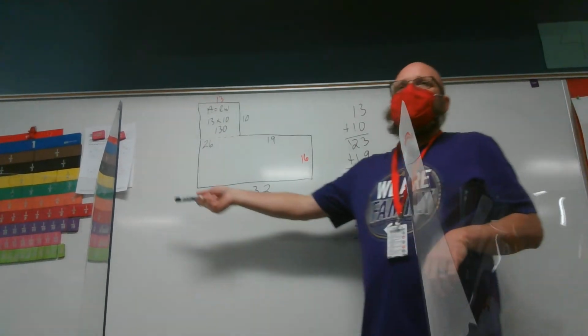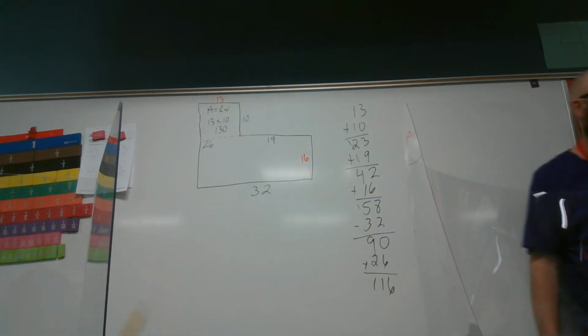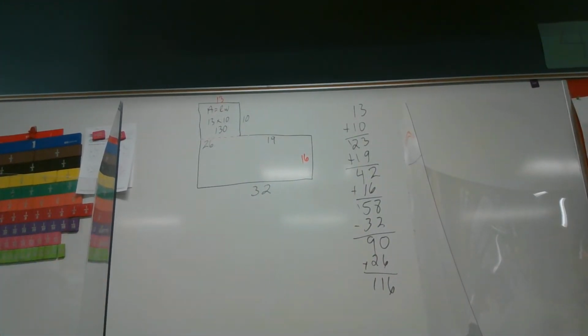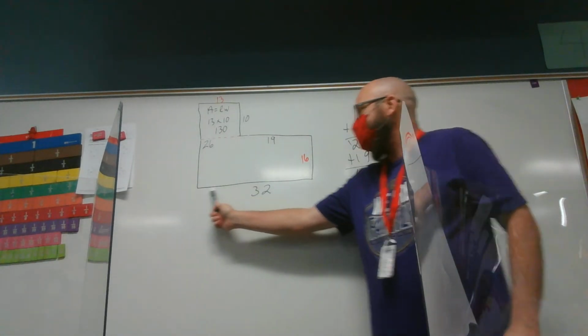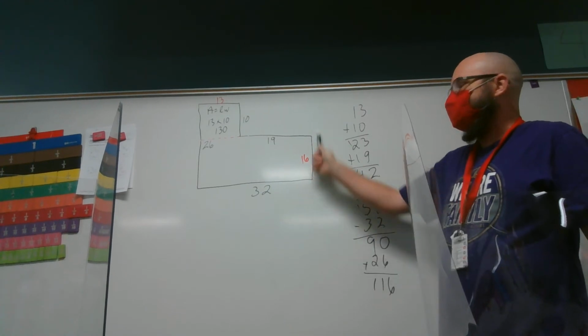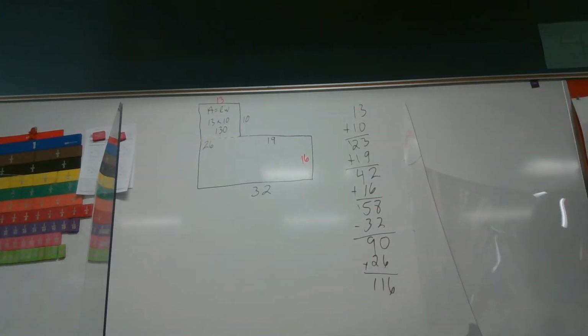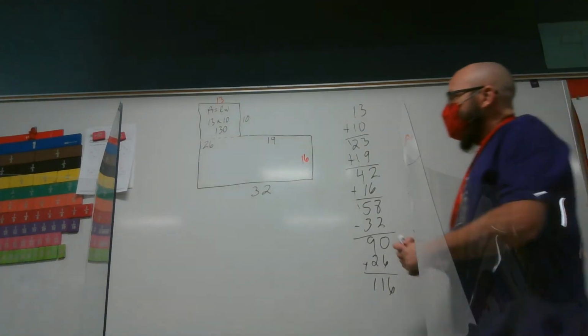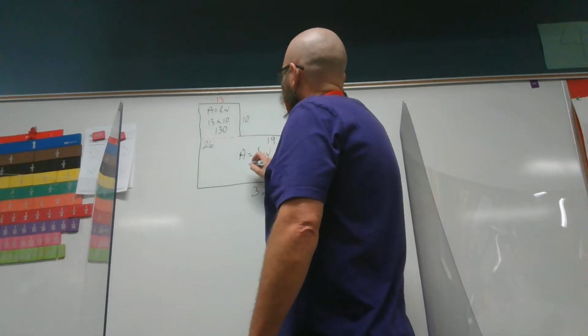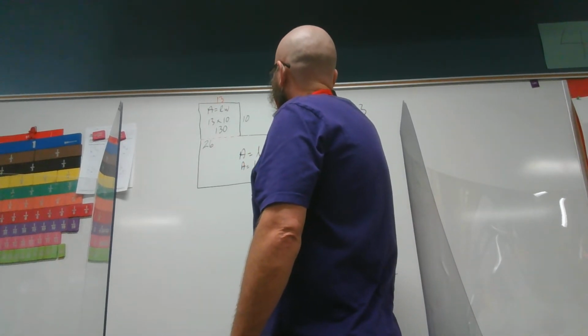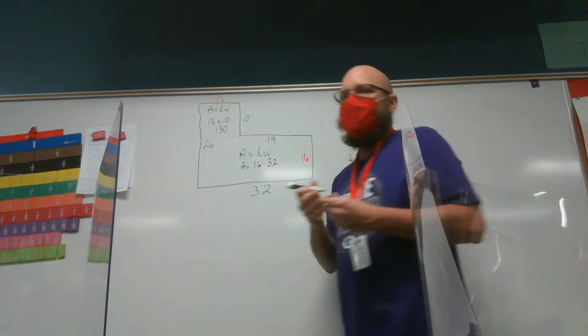What's the length and the width of this one? Kaylin? 16 and 32. I know this whole line's 32. I know this whole line is 16. We figured that out when we did the perimeter. So area equals length times width, so area equals 16 times 32.